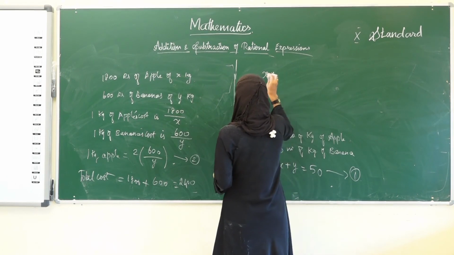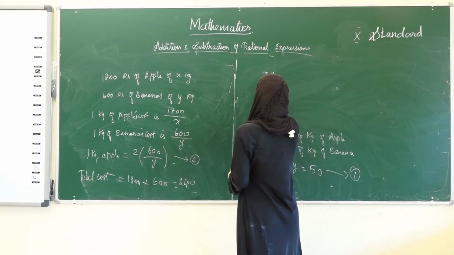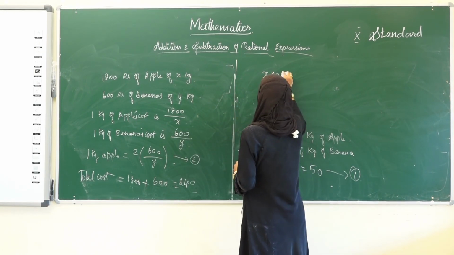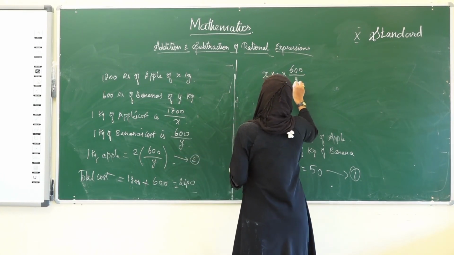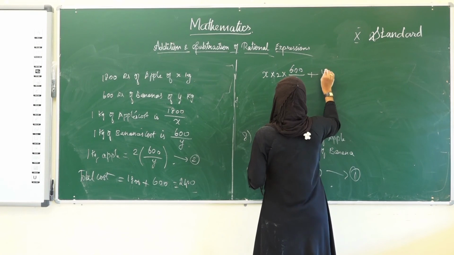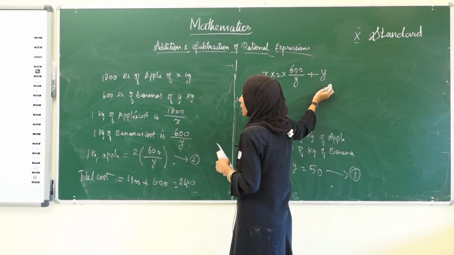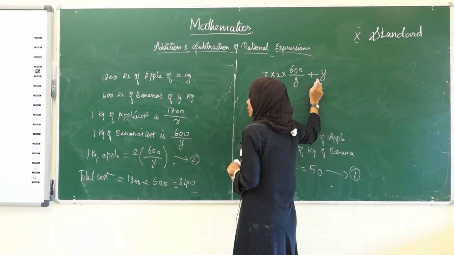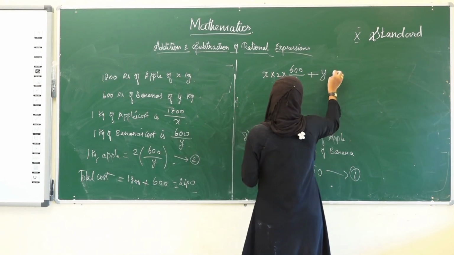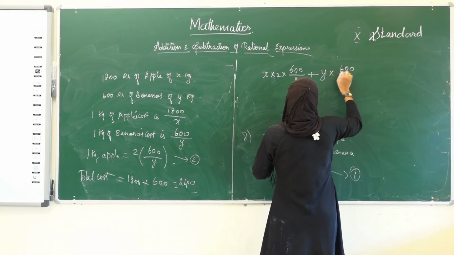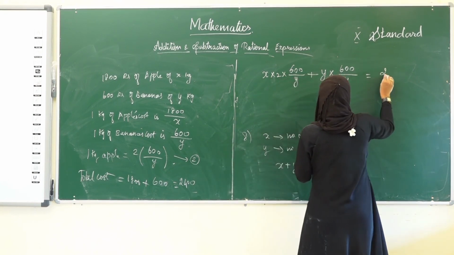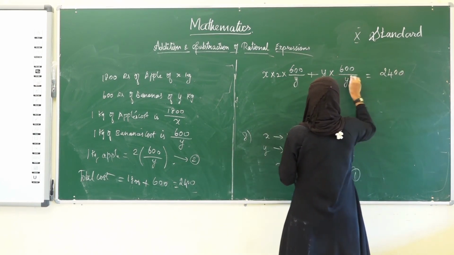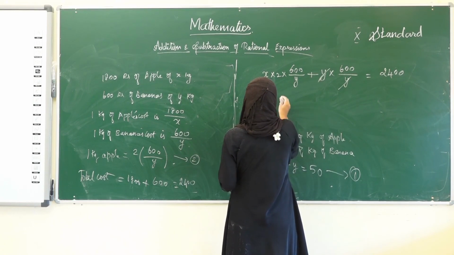Therefore, she bought x kgs of apple. Therefore, x into 2 into 600 divided by y, plus y kgs of banana. The cost of 1 kg of banana is 600 divided by y, so y into 600 divided by y. The total cost is 2400. See here, this term gets cancelled.